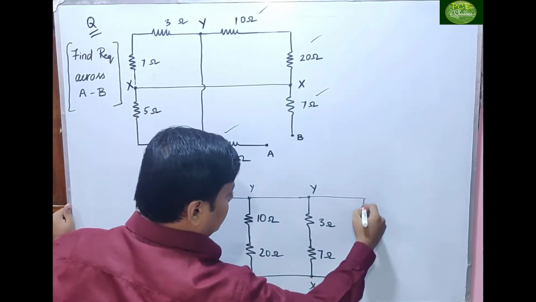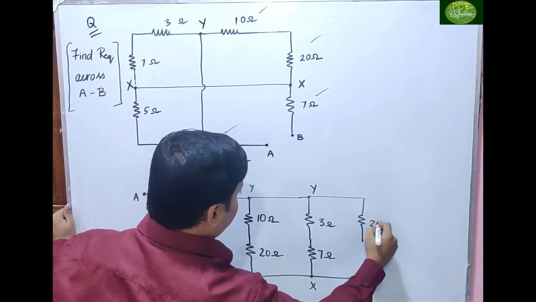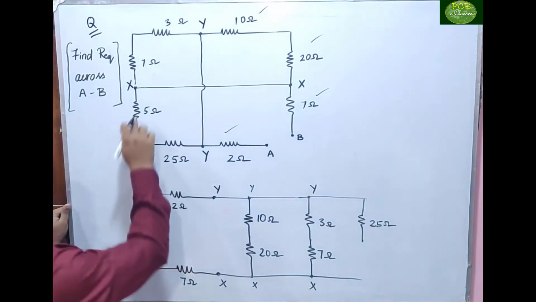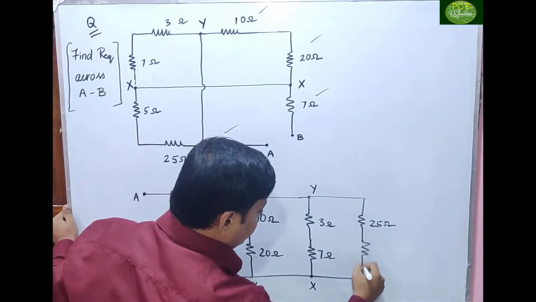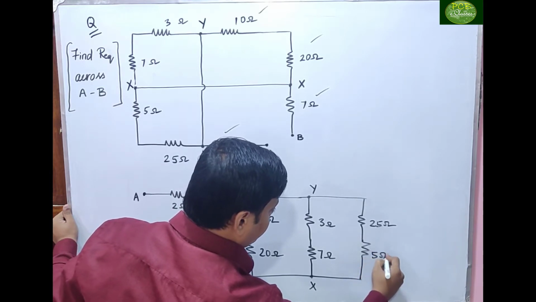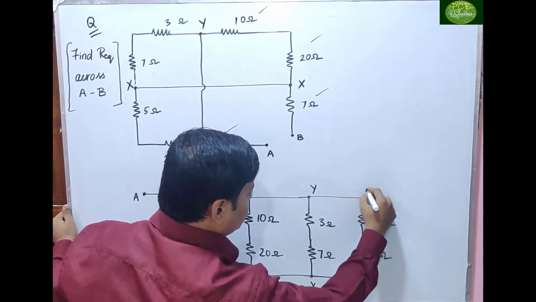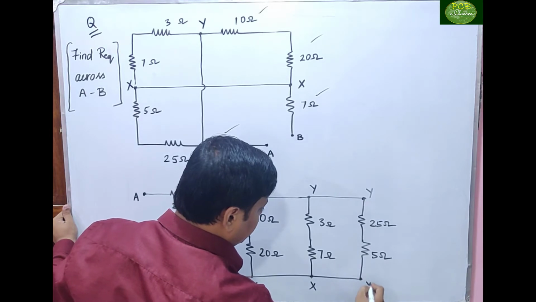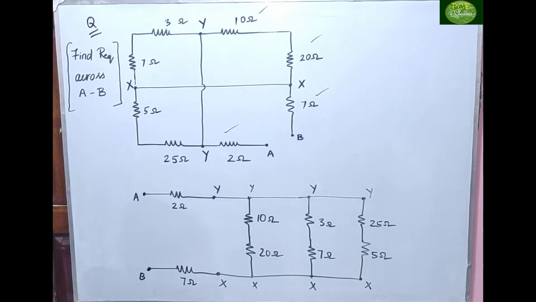Y is connected to 25 ohm and then it is connected to 5 ohm. This point can be said as Y, this point can be said as X. Now this is the redrawn equivalent circuit diagram of the given question.